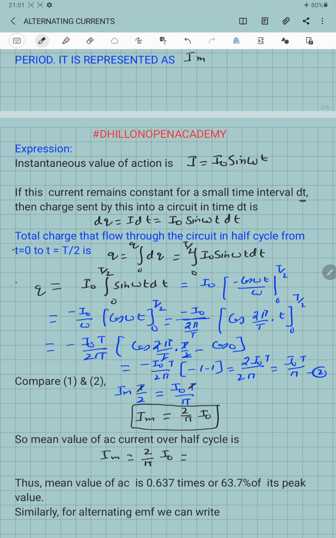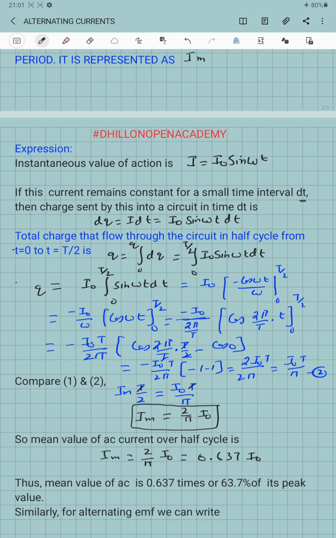Substituting the value of pi and 2 divided by pi, we get 0.637 into I naught, which says that the average value or the mean value of AC is 0.637 times, or 63.7% of its peak value.